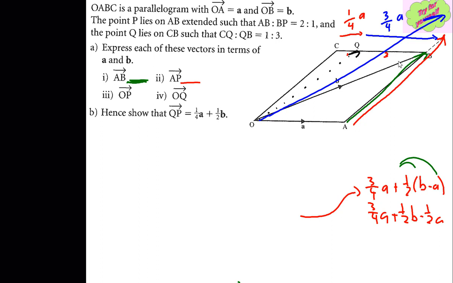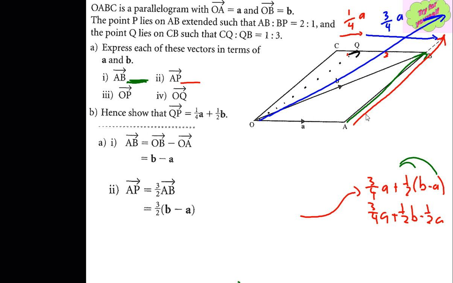So AB is like going negative a plus b, or b minus a. Negative a plus b is the same thing as b minus a. We want to do AP. AP is all the way out here. We know AB is b minus a.